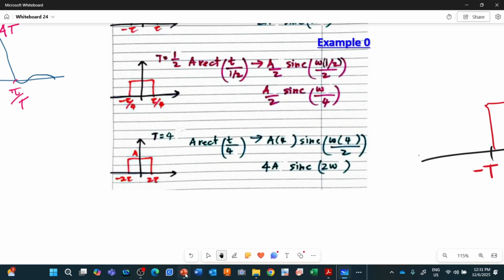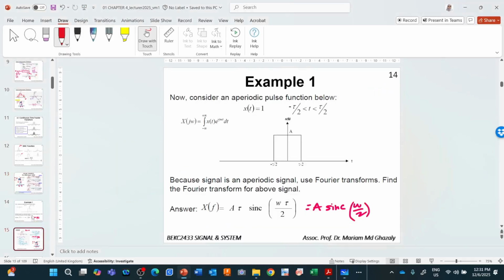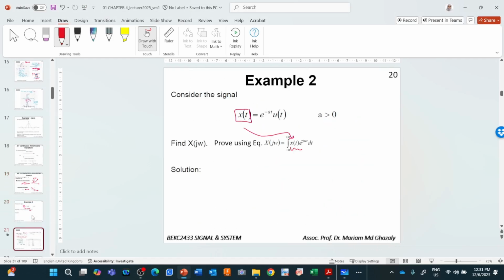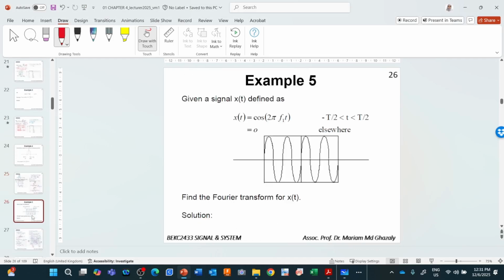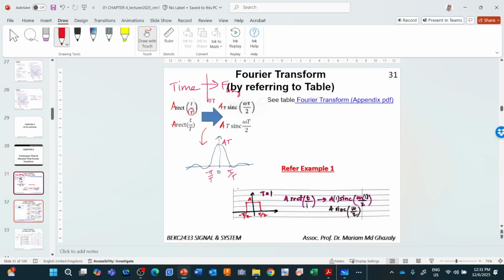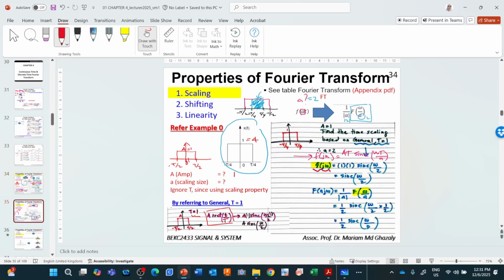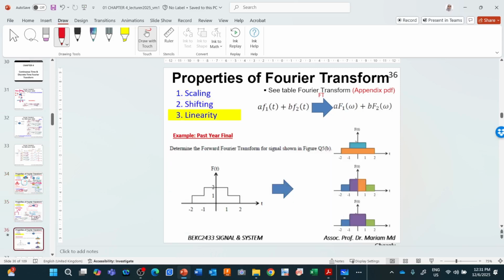The reason why I'm telling this is that you might have something like this. Given x(t), or in this case given f(t), this signal. You have different rectangulars, right? How to answer this, we will see later. We haven't reached here.